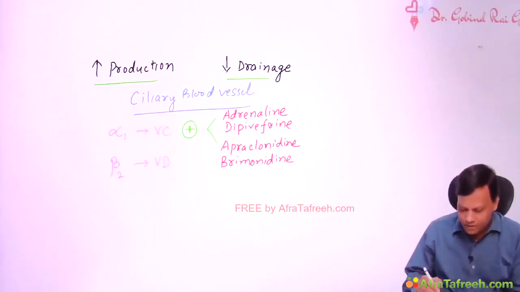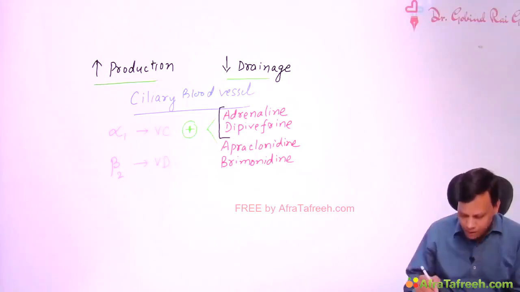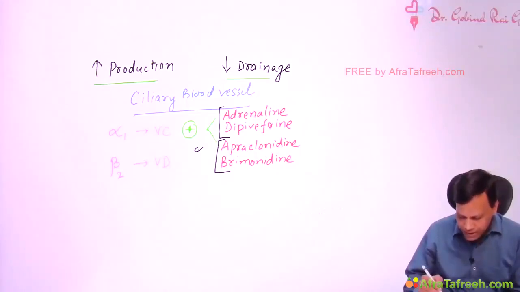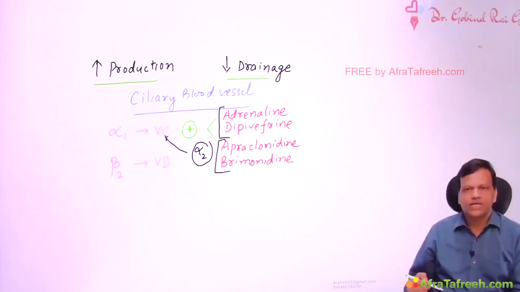Adrenaline and dipivefrin stimulate alpha receptors and cause vasoconstriction. Whereas apraclonidine and brimonidine are mainly acting on alpha 2 receptors, but post-synaptic alpha 2 receptors. Remember, post-synaptic alpha 2 receptor is like alpha 1. That means it also causes vasoconstriction. So basically, all of them cause vasoconstriction to decrease the formation of aqueous humor.